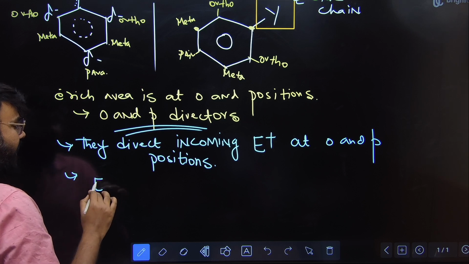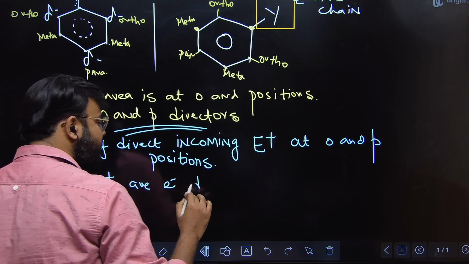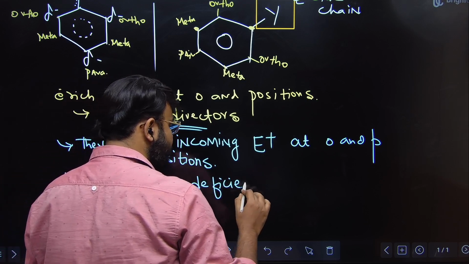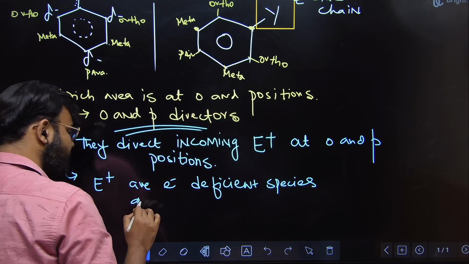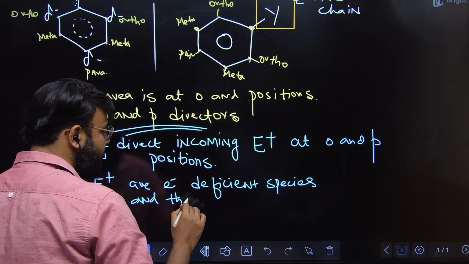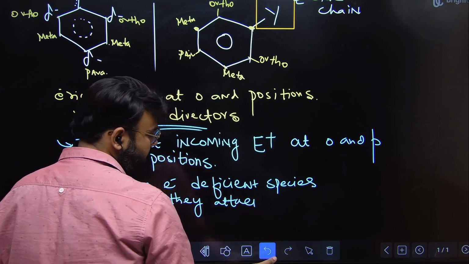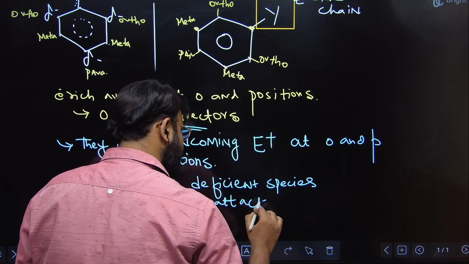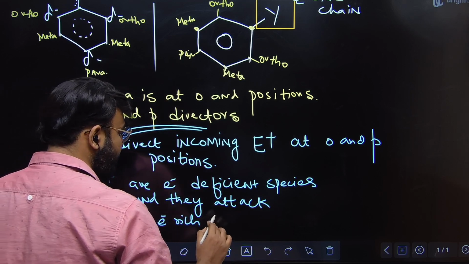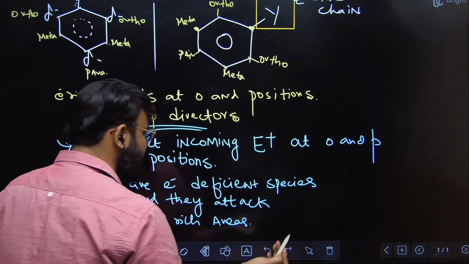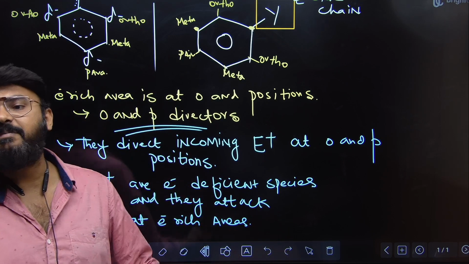Remember, electrophiles are electron deficient species, and they attack at electron rich areas, and that is the ortho and para positions.